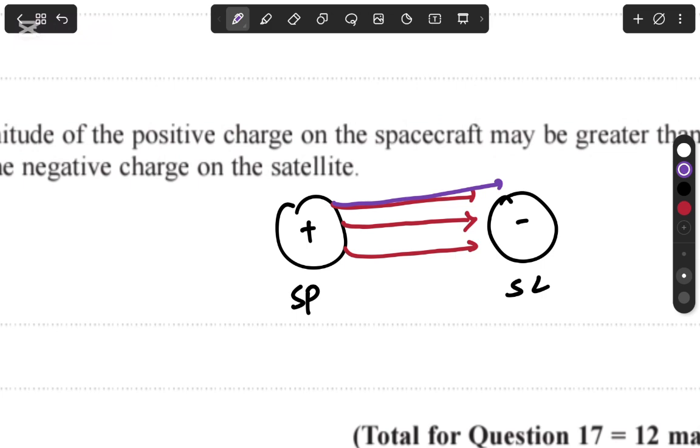The satellite couldn't get more negative because that electron didn't end up on the satellite. Basically, let's take this electron here. It was lost by the spacecraft, but it wasn't gained by the satellite. So the spacecraft got more positive, but the satellite couldn't get more negative.